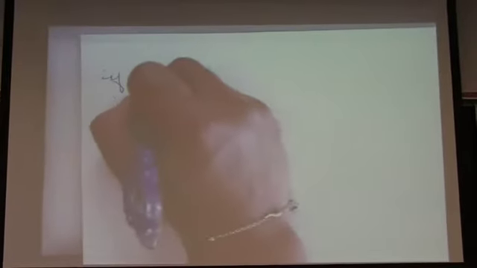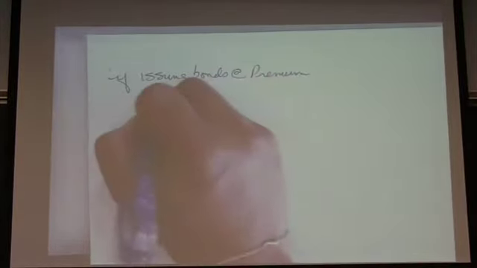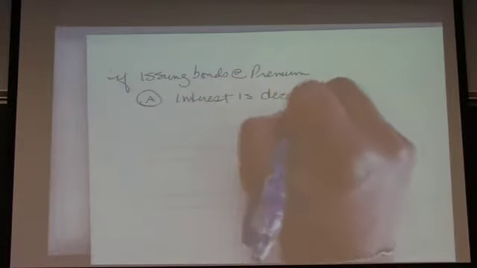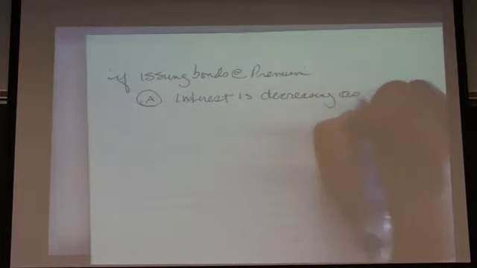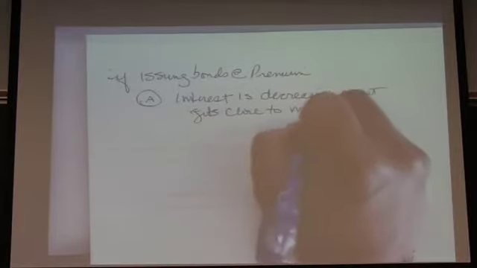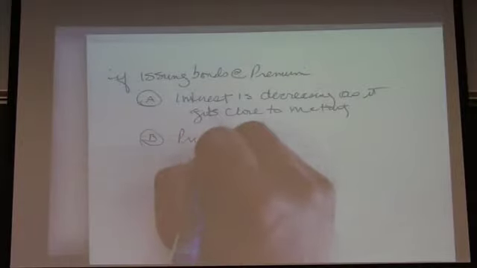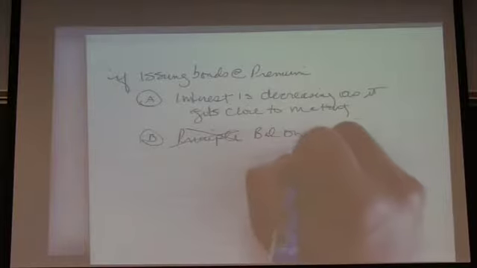So a couple of learning objectives here is that if issuing bonds at a premium, interest is decreasing as it gets close to maturity, and principal, let's not call it principal, balance owing, probably is a better way.